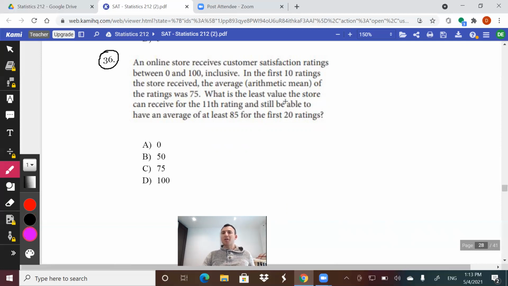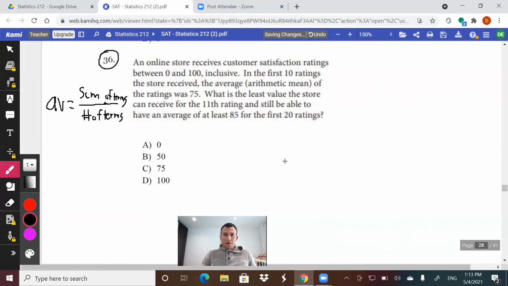So again, this is an average problem where we're juggling a lot of pieces of information. So let's just start to create the skeleton, right? Average equals total number of points, so sum of everything divided by number of terms. Sum of terms divided by number of terms. So let's figure out what's going on here.